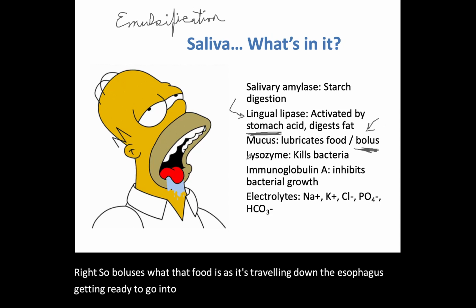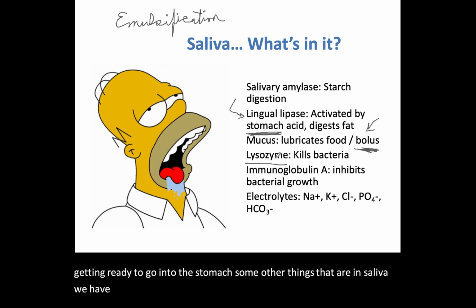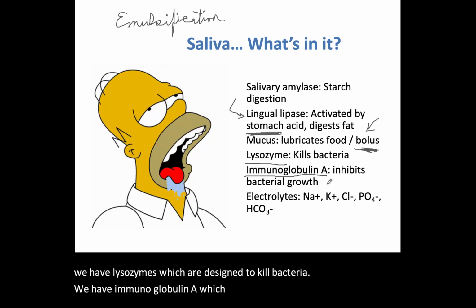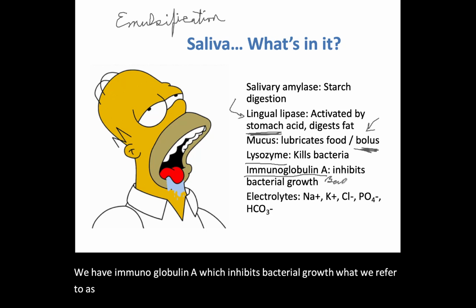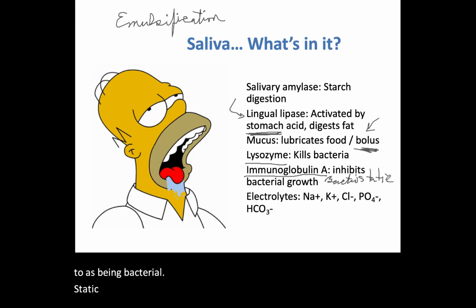Some other things that are in saliva, we have lysozymes, which are designed to kill bacteria. We have immunoglobulin A, which inhibits bacterial growth, what we refer to as being bacteriostatic. Right? In other words, it inhibits bacterial growth, but it's not completely killing it.